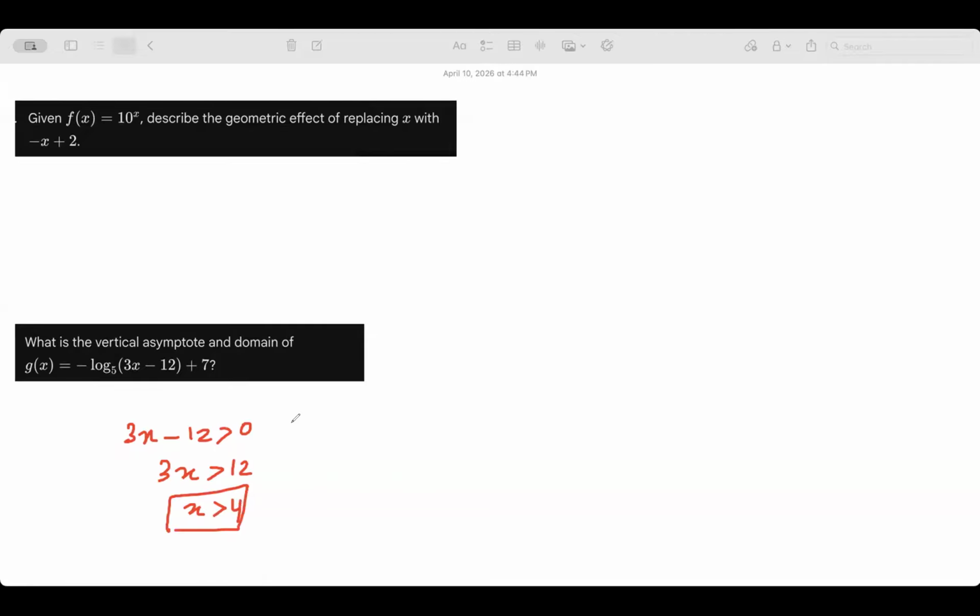So that will be the vertical asymptote. Did you get it, Anisha? Okay. So coming to the domain, x has to be greater than 4, right? So the domain is 4 to infinity. 4 is not included. Now let's move on.